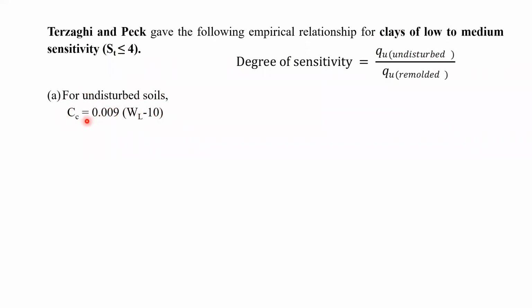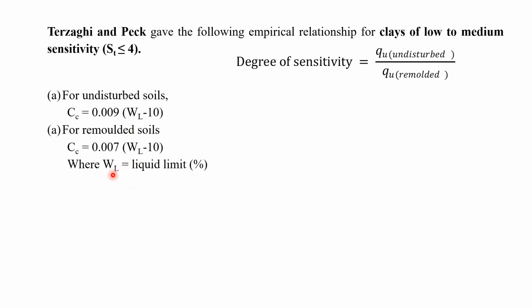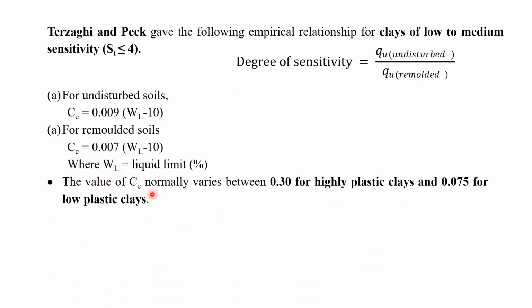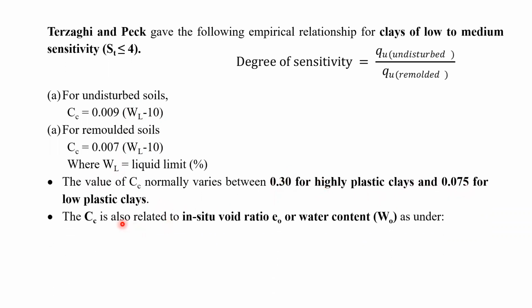For undisturbed soils, the compression index is equal to 0.009 into (WL minus 10), where WL is the liquid limit of that soil. For remolded samples, we use this formula. The value of the compression index varies from 0.30 for highly plastic clays to 0.075 for low plastic clays.